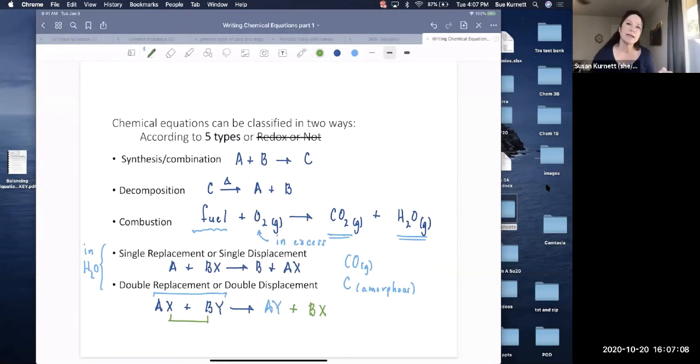It's kind of like 2 couples go to a dance and they switch partners. And then if the partners stick, if the products happen, we have either formed water or a solid or both. So for double displacement, there are 2 flavors of products.